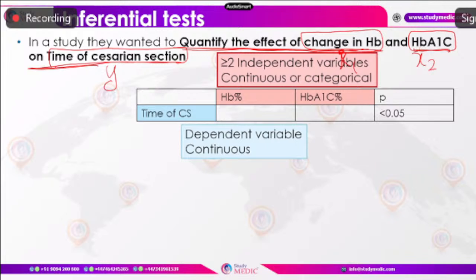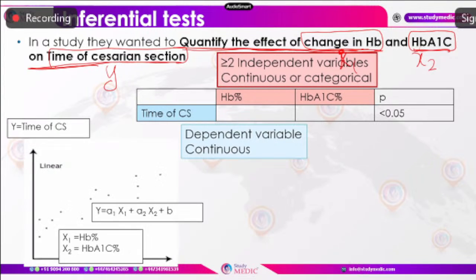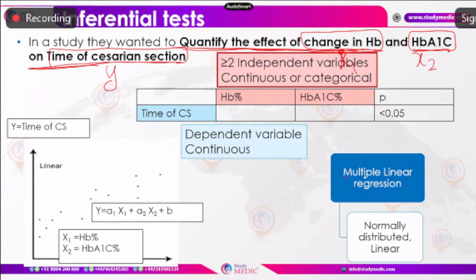But if the dependent variable is continuous, and if there are more than one independent predictor variables, and you want to quantify the effect of these predictor variables, then we go ahead and do what is called the multiple regression test. So when is the multiple regression test done? When there is a continuous dependent variable and there is more than one independent variable, and these independent variables can be continuous or categorical, or both.